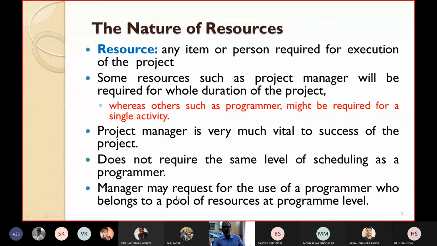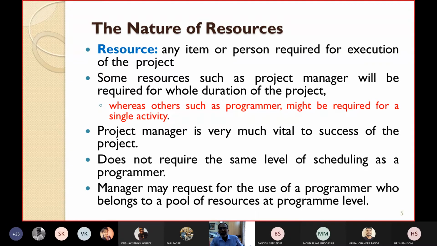The project manager may request the use of a programmer who belongs to a pool of resources at program level. I have already discussed the difference between a project and a program. So a project manager may request, say, the use of 1 or 2 programmers. And the programmers belong to a pool of resources at program level, because your organization may have 2-3 programs, and under each program there are several projects.